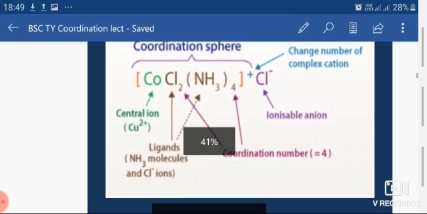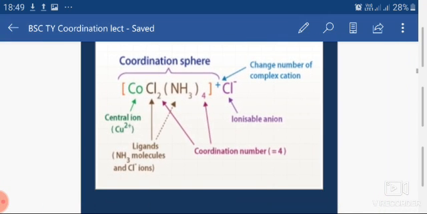But before that, see here. Co, which is shown in green, is the central metal ion, that is cobalt 2+. Then the whole term covered in the square bracket is the coordination sphere, or you can say the complex ion.